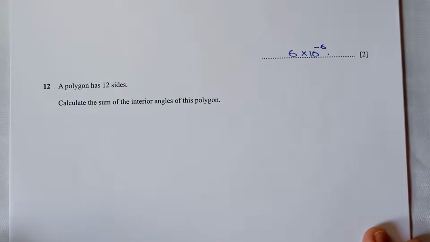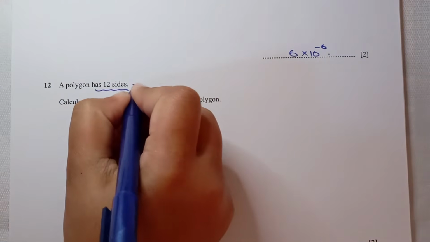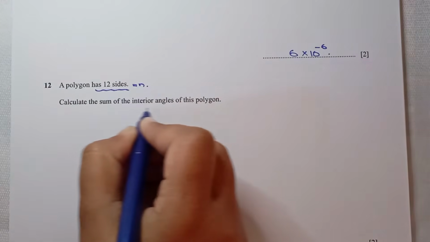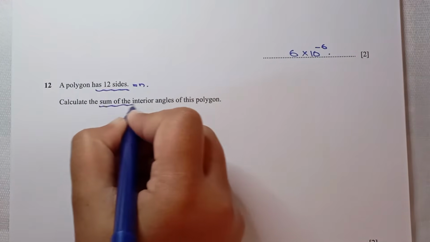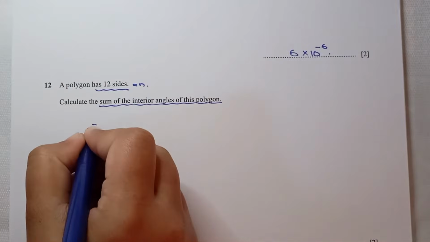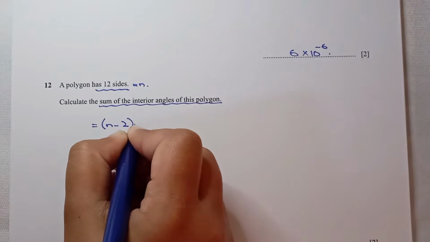Question number 12, a polygon has 12 sides. So the number of sides of the polygon is given. This is equals to n. Calculate the sum of the interior angle of the polygon. So we need to use the formula of the sum of interior angles of a polygon. This would be equals to number of side minus 2 times 180.